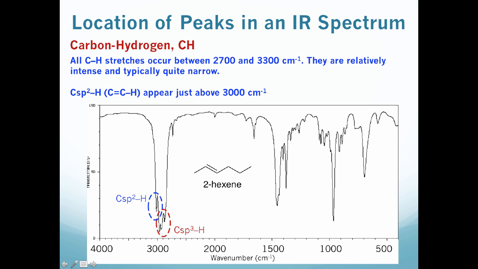Now, if we move from sp3 to sp2 hybridized carbon-hydrogen bonds, carbon sp2 hydrogen bonds appear just above 3,000 wave numbers. So that's going to be these hydrogens that are attached to the alkene.